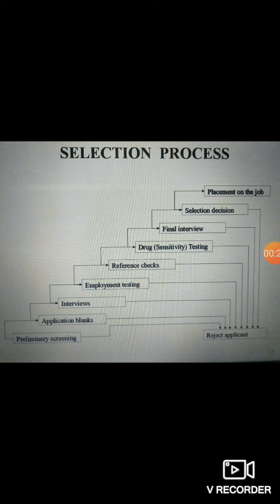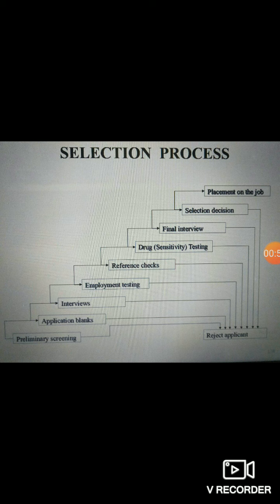There are possibilities for an HR to decide to skip one or two steps in between, or many steps can be eliminated, or even some new steps also can be involved in this process which are not in the diagram. So there is no hard and fast rule for a process of selection, but this is a generally adopted scheme of selection. This can be the basis as a background to start with.